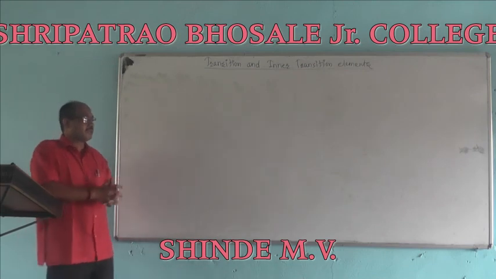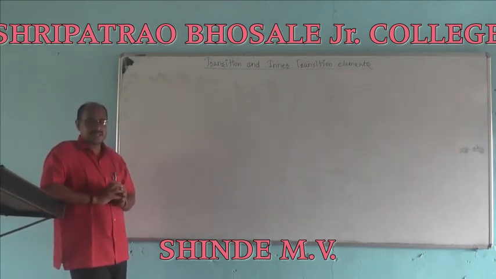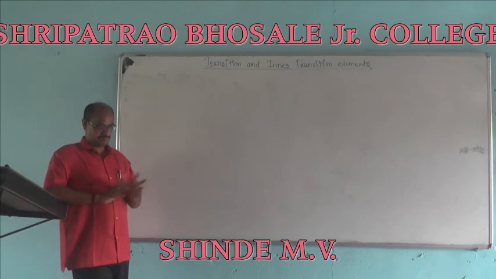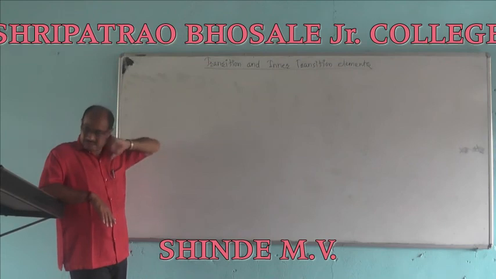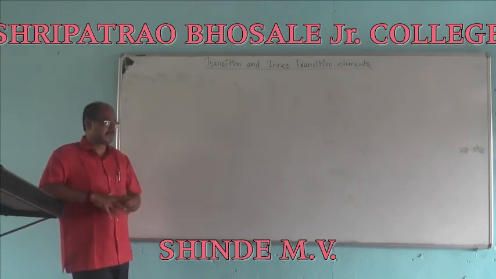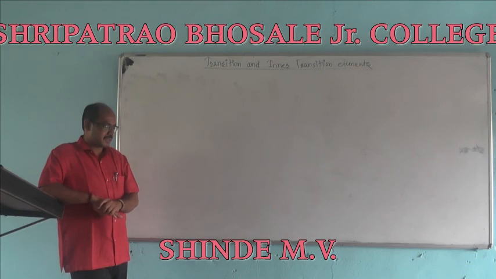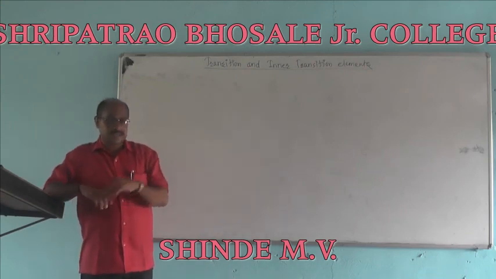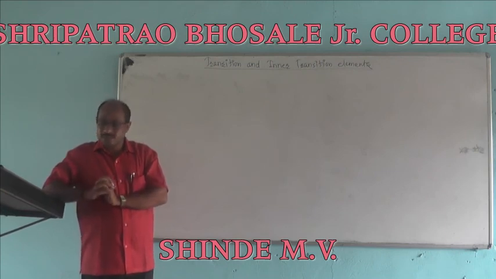Generally, the lanthanoids are soft metals, with some exceptions. Generally they are soft in nature, silvery white. Some lanthanoid elements show properties like calcium, and some behave like aluminium.